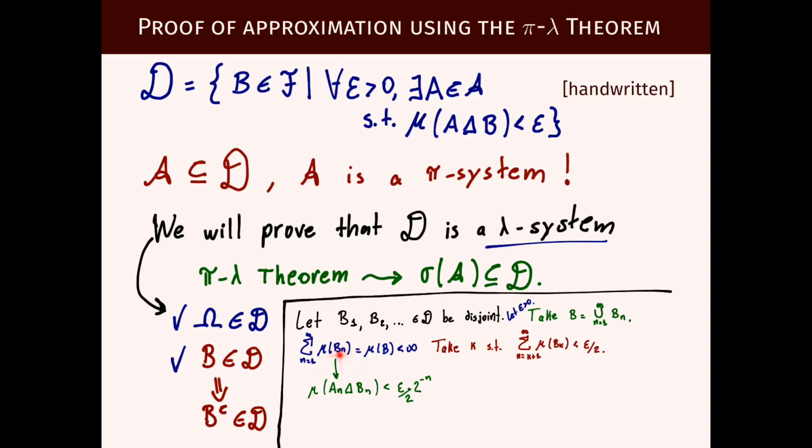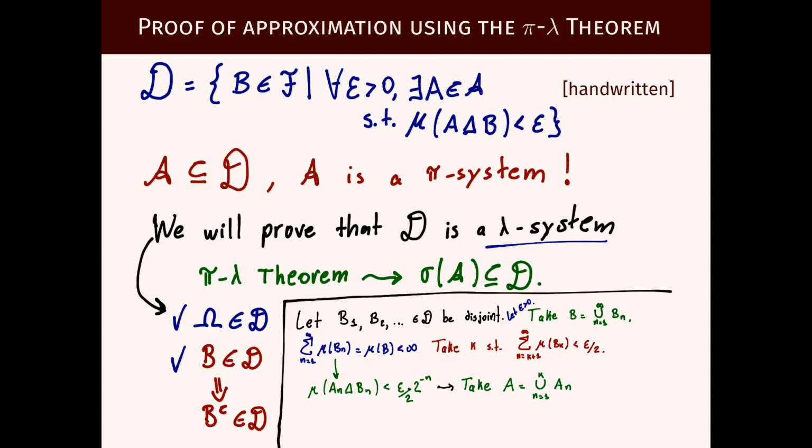For each of these B's, which we assume are in this class, and this is the class of events that can be approximated arbitrarily well by sets in the algebra. And now I'm using, for the first time, the property that these sets actually are in this class, by taking an element An in the algebra that approximates these Bn very well.